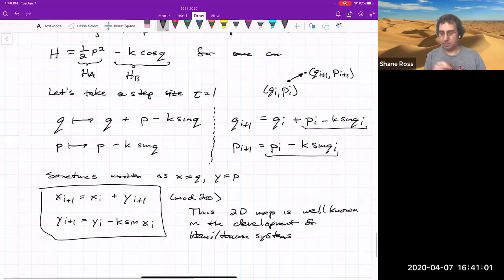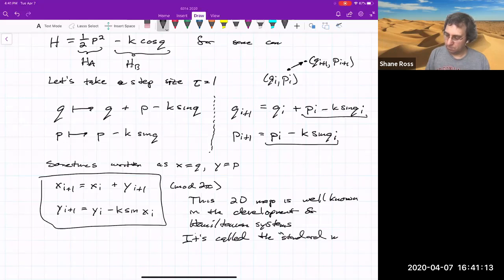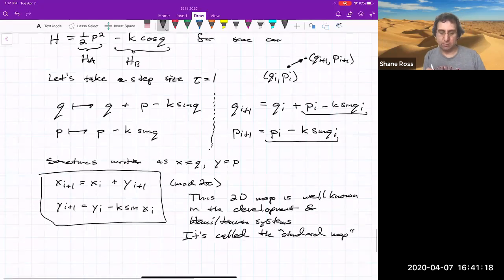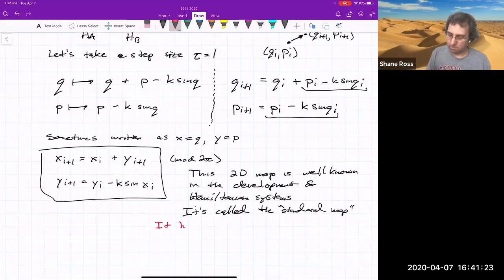It's a map of x and y to x and y. And depending on what you choose for k, you can get different kinds of behavior. It has a single parameter k, whose value determines the kinds of behavior possible.